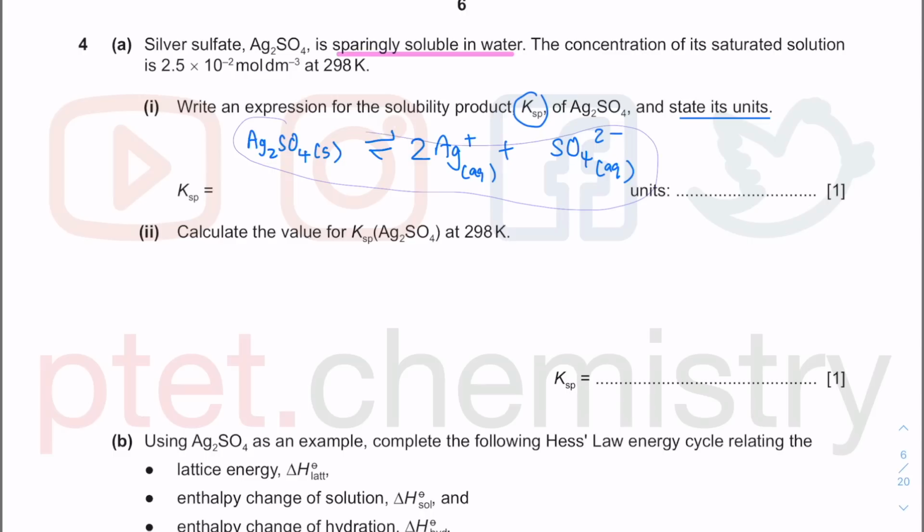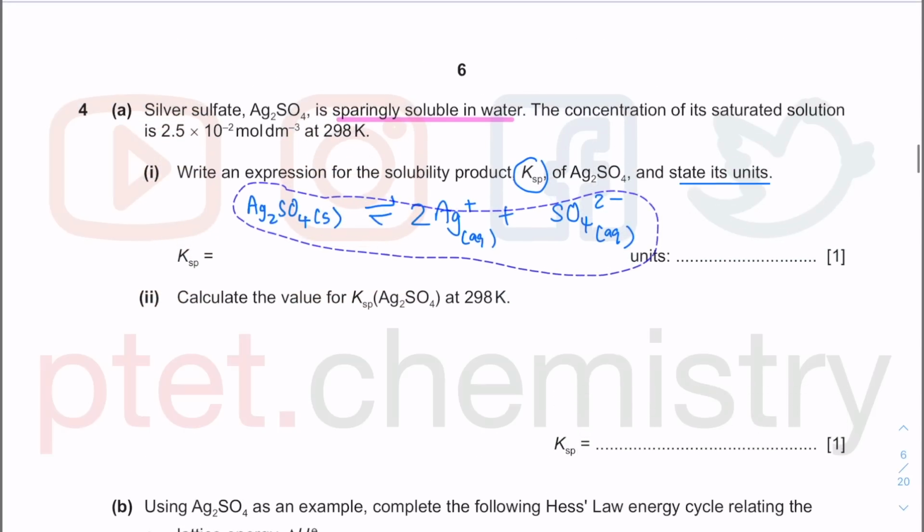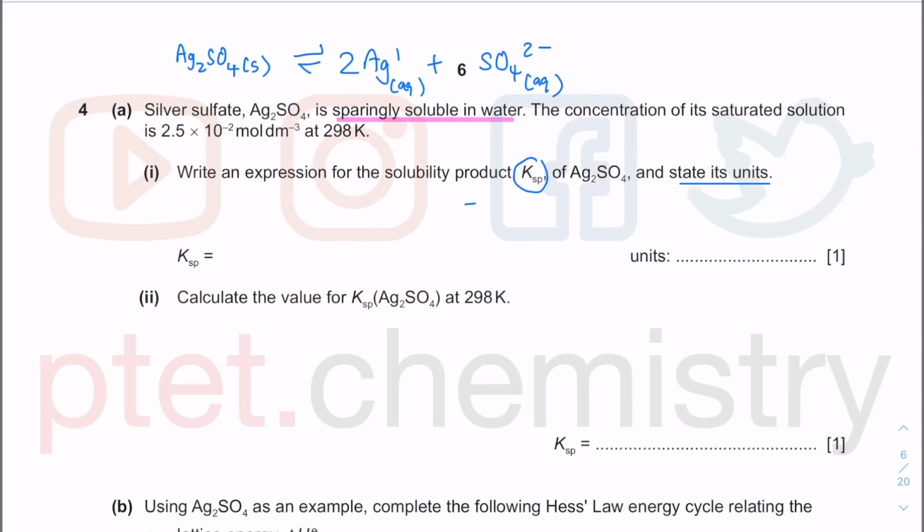They want the Ksp expression. So I don't want to write that as the Ksp expression; we should write the proper answer. There's no divide by anything because this is a solid, on the left hand side.